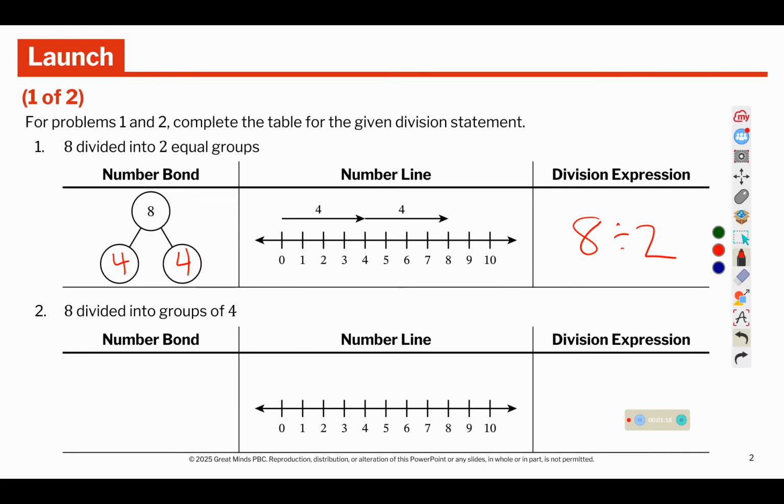Number 2 says 8 divided into groups of 4. So if it's divided into groups of 4, there's 2 groups needed to make 8. So again, 4 and 4, that's the size of our group. 8 divided into groups of 4 gave us 2 pieces.